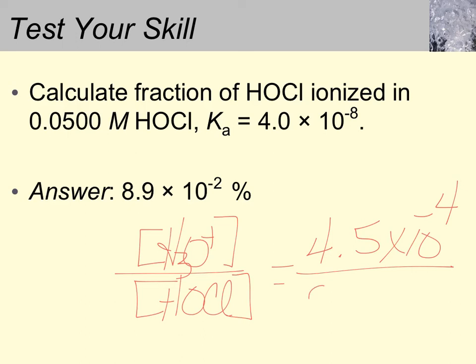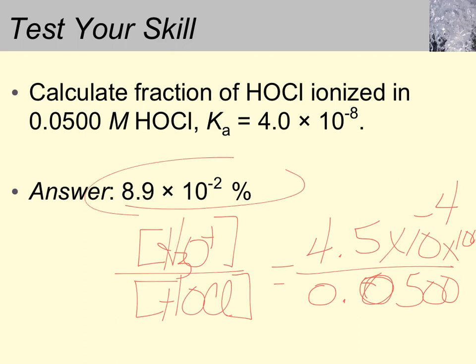And the original concentration of the hypochlorous acid, whoops, and then times 100. And that gives us, I'm going to write this out long form, 0.89% ionization. What was the percent ionization when we had 0.5 molar, the problem before?